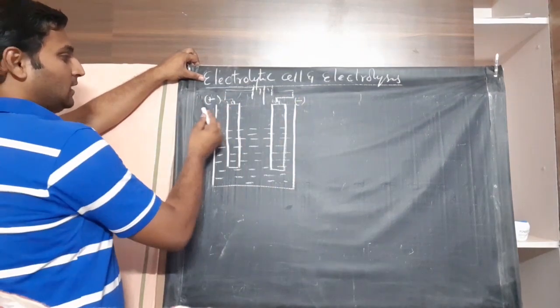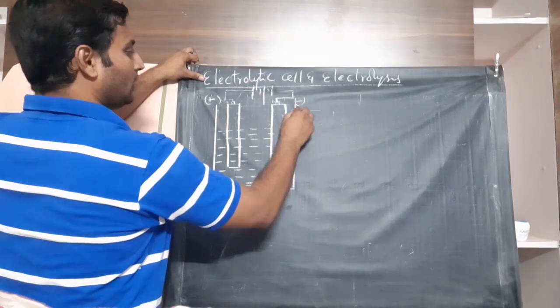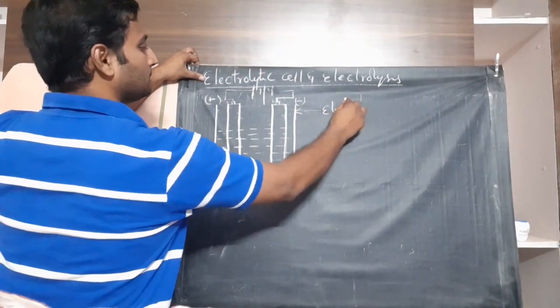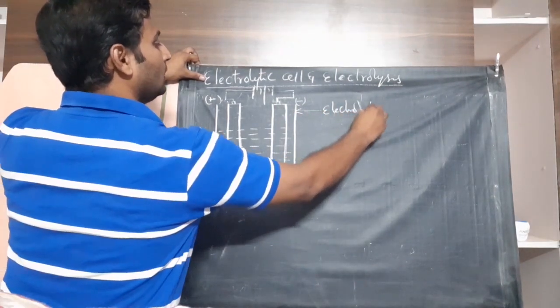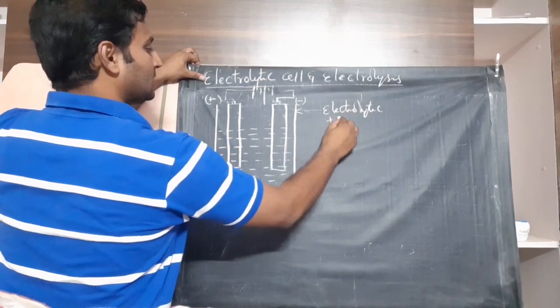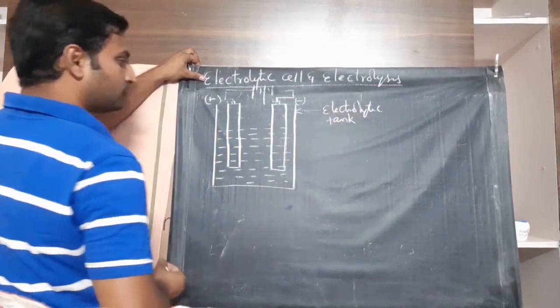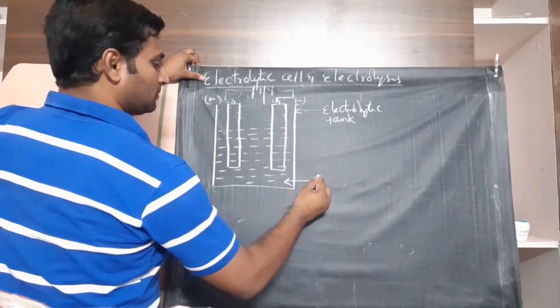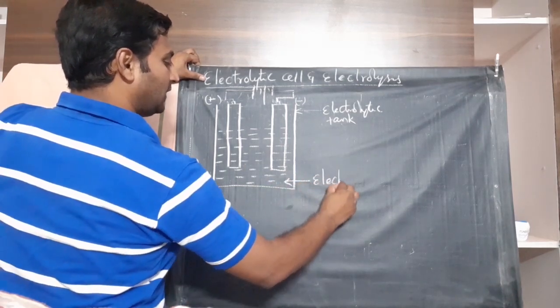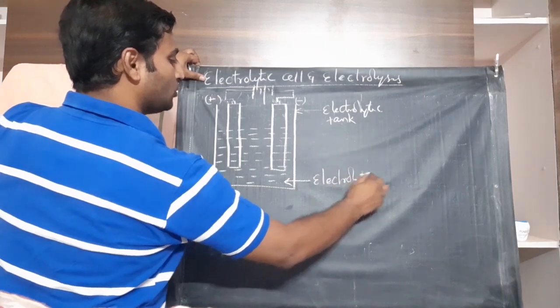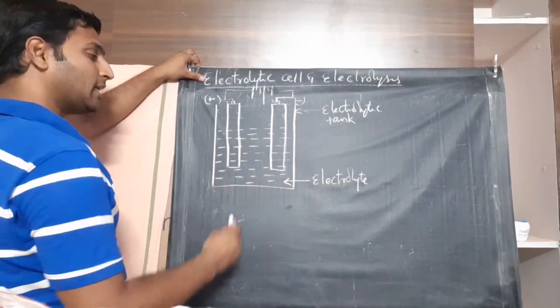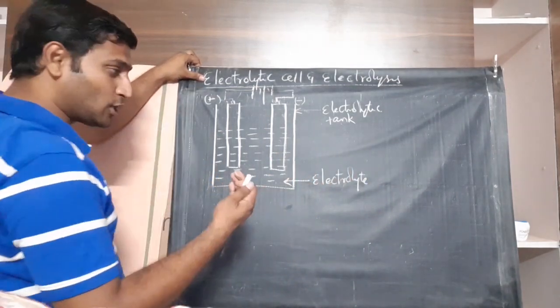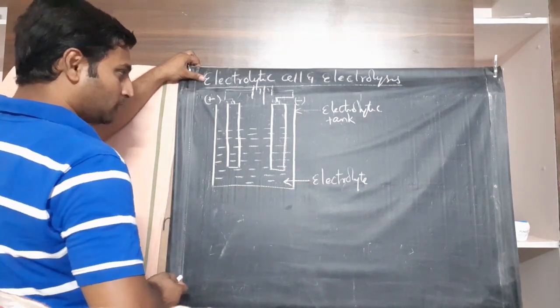Let me label one by one. The vessel in which all the contents are placed is called the electrolytic tank. The molten or aqueous solution of a substance which contains free ions, allows the passage of electricity and undergoes decomposition, that is, undergoes electrolysis, is called the electrolyte.